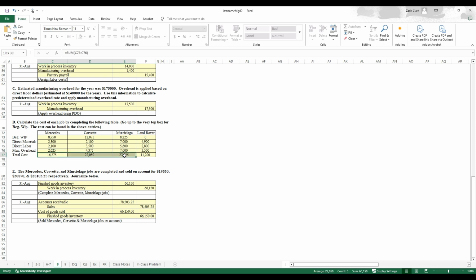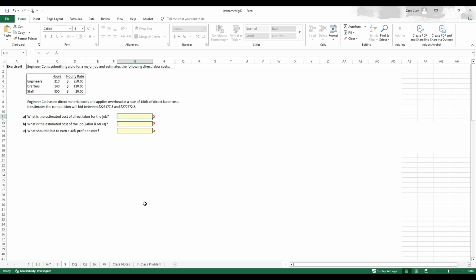And then we just take these three costs, move those into finished goods because they're done. This is staying in WIP, so the Land Rover account and job is still in work in progress at the end of the month. And then we record the cost of goods sold and the gross profit, essentially, right? Sales minus cost of goods sold, and that's our profit. So good stuff. Okay, let's move on to the next problem.